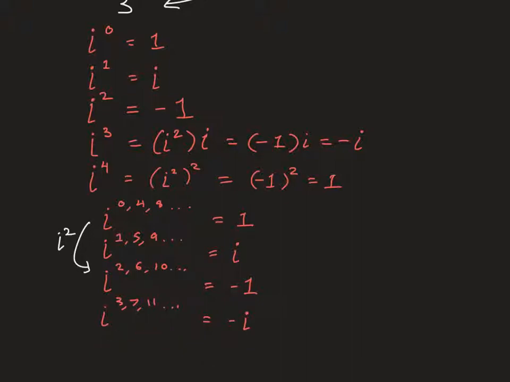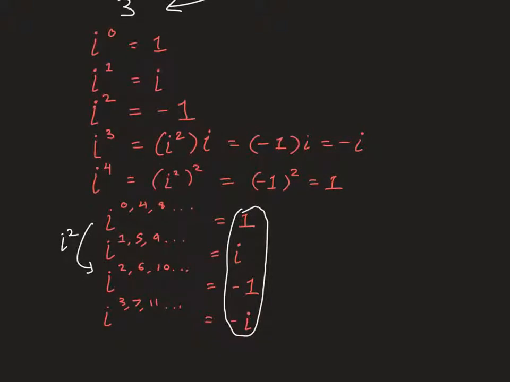So we see this pattern. i to any power by itself can either be 1, i, -1, or -i.